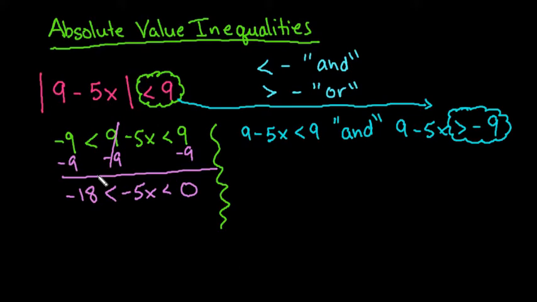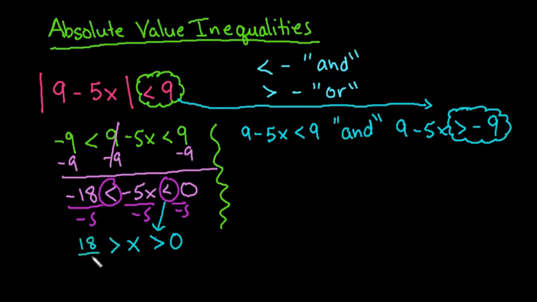With this, we then have to divide by a negative. And remember, when we divide by a negative, we have to switch all of our signs. So we end up with x is greater than 0, so make sure that you switch this sign, 18/5, which is really 3 3/5.